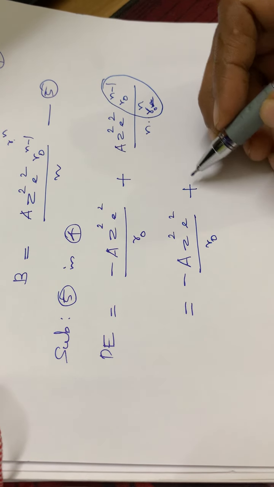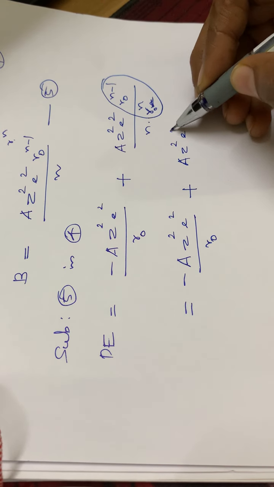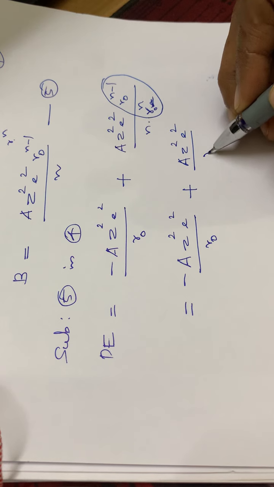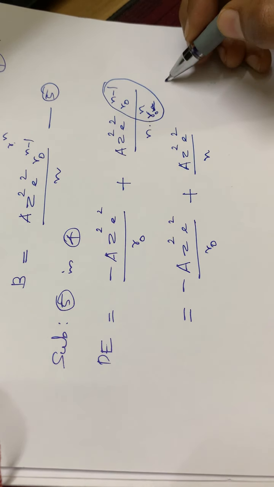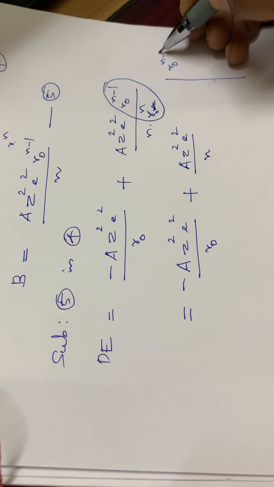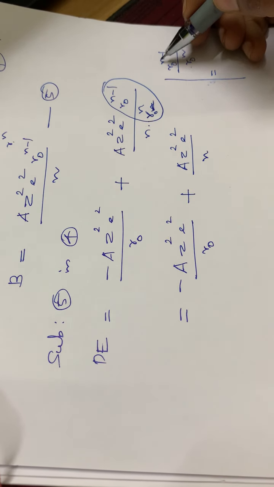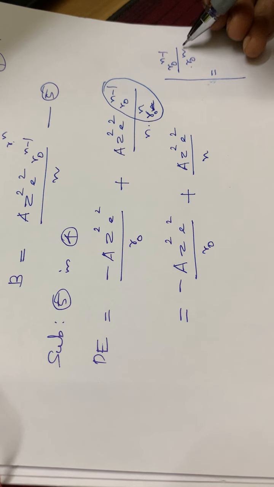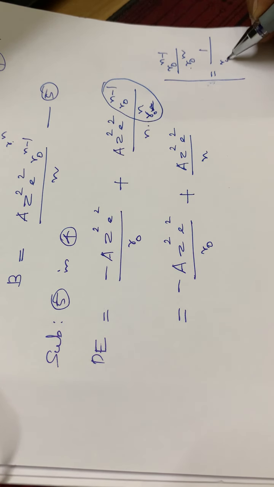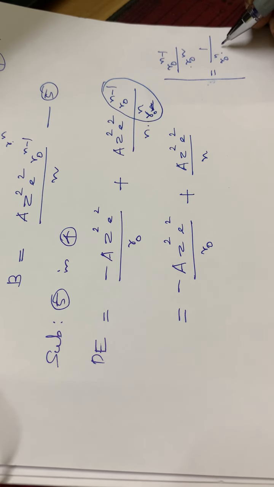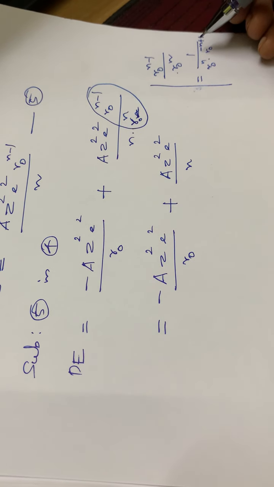That is a z square into e square divided by n into this term while simplifying, that is r0 raised to n minus 1 divided by r0 raised to n, isn't it? So by taking this to the denominator, it becomes 1 by r0 raised to n into r0 raised to minus n plus 1. The signs will be changed, isn't it?